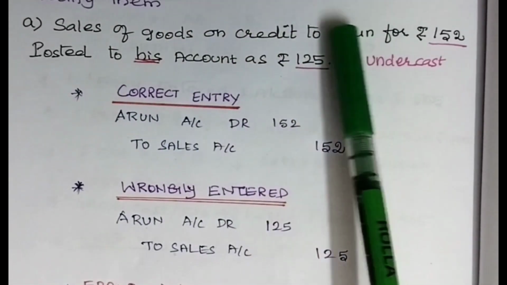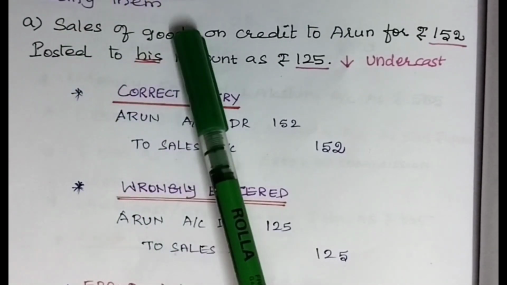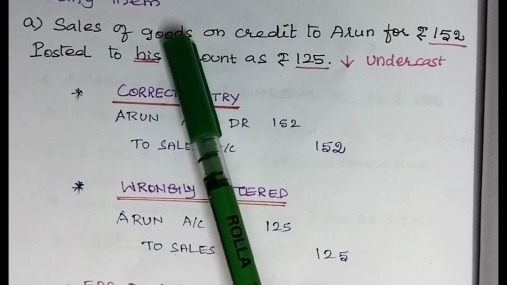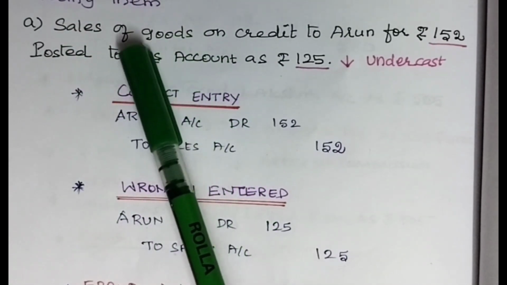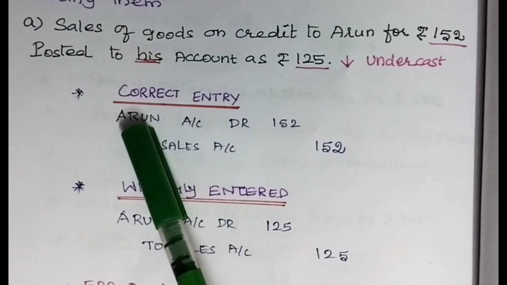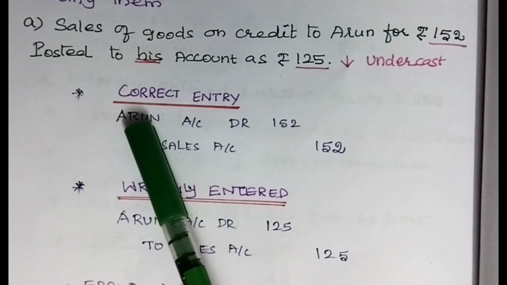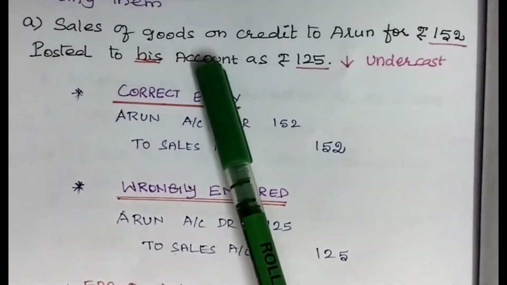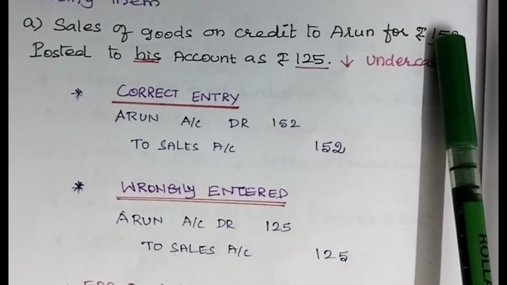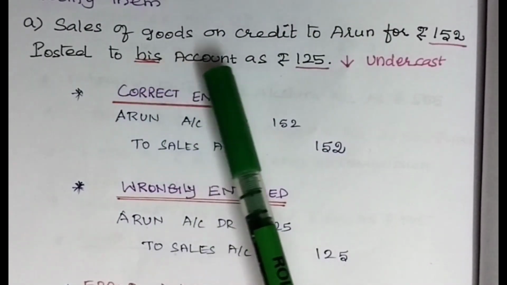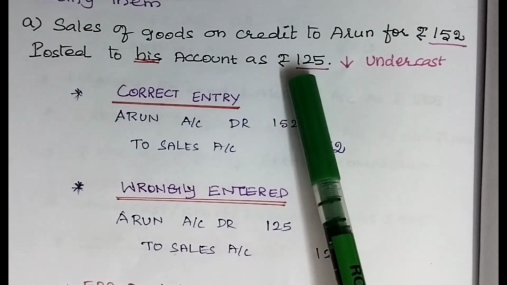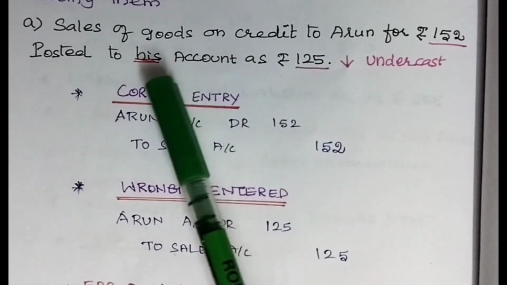The sales account is correct. The sales account is recorded correctly, but Arun's account has the error. Instead of 152, an accountant wrongly entered 125 in Arun's account.